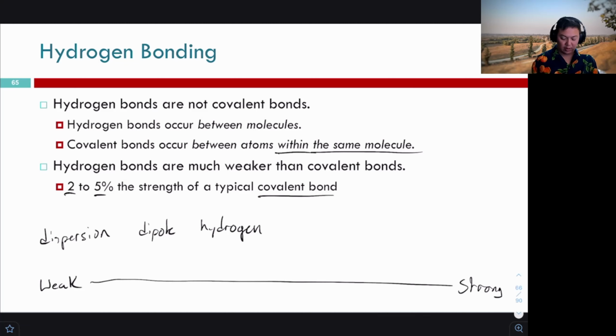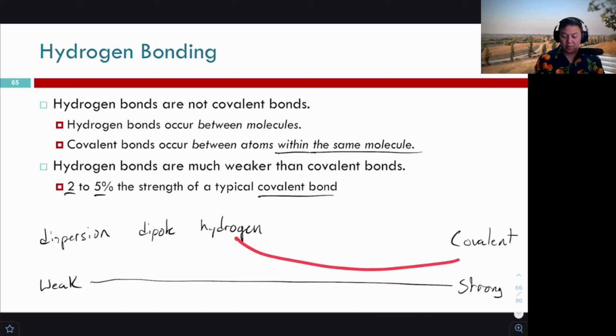Maybe I should draw a line here, I don't know. Covalent is all the way over here. So hydrogen bonds are much stronger than dispersion forces. They're stronger than dipole forces, but they're still much, much weaker than a covalent bond or covalent force.